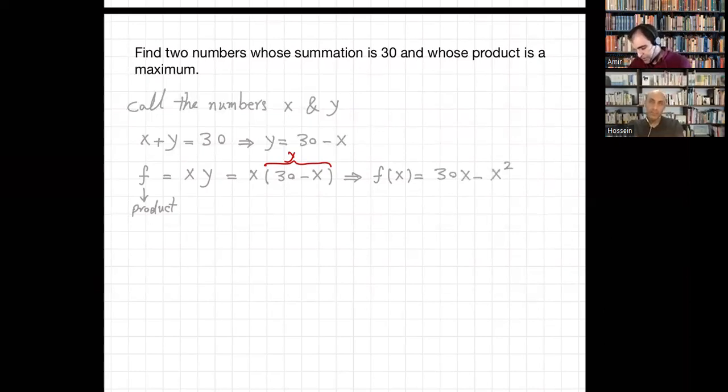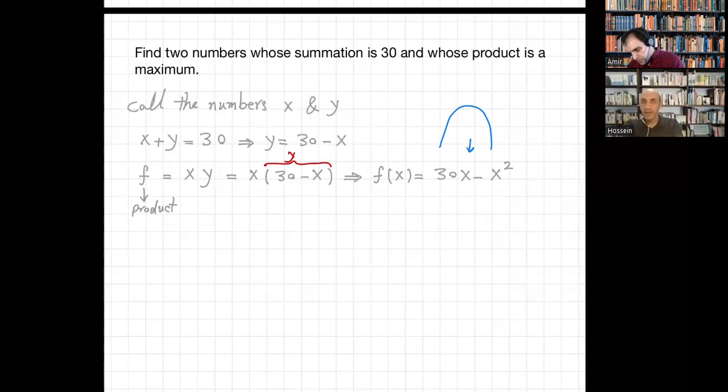Yes. And this is like a parabola, and we know that it's a quadratic equation. Yes, we know that it's going to be downward, because if you take the derivative twice, you get a negative. Usually a quadratic equation is either concave down or up, but in this case, we look at the sign of the x squared multiplier.